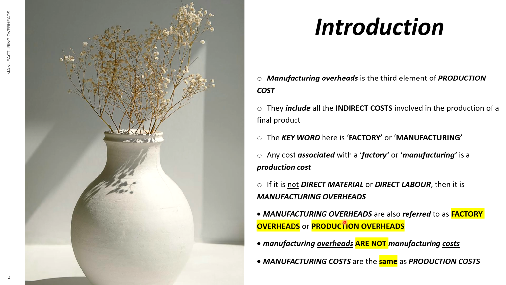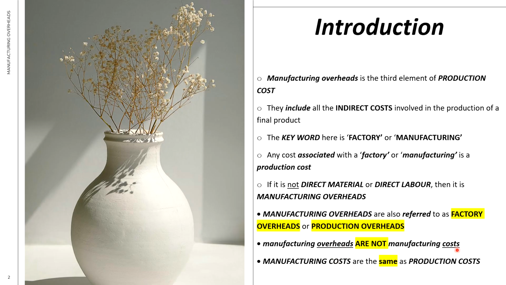So manufacturing overheads are also referred to as factory overheads or production overheads. So the distinguishing factor here is overhead and cost. If you are talking about production overheads, you are talking about manufacturing overheads.